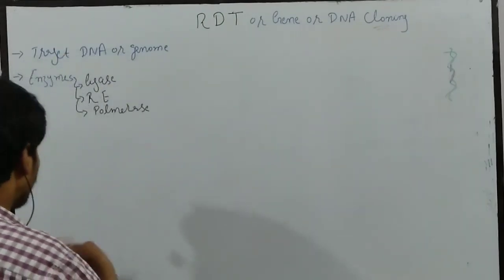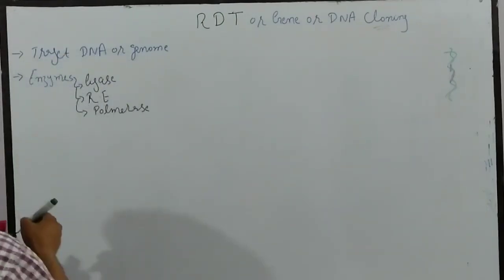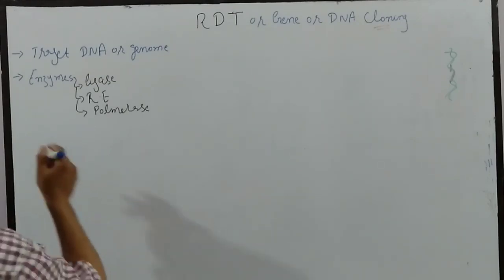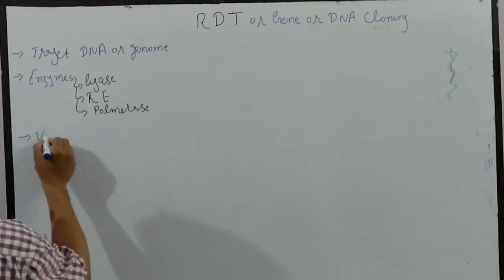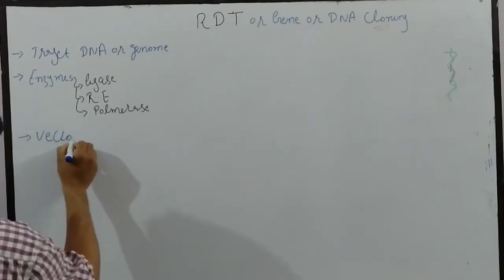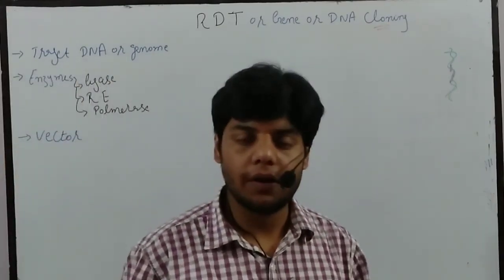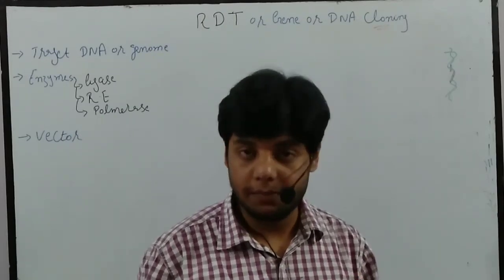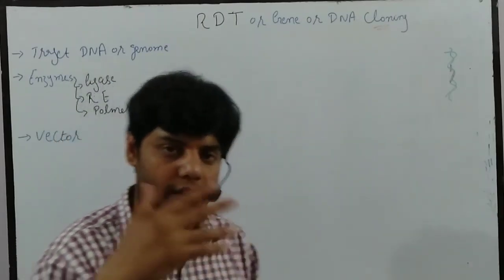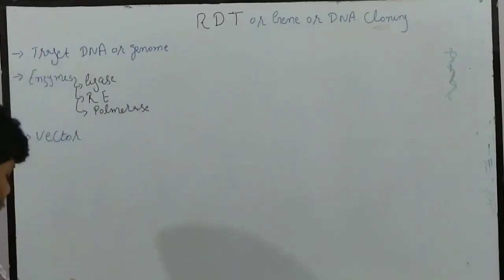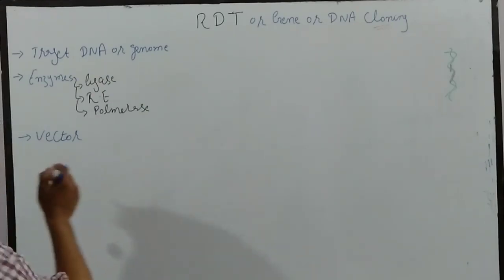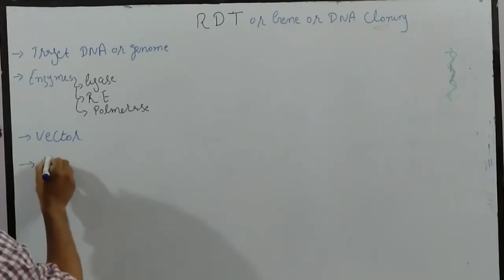Moreover, we need a vector. Different kinds of vectors we need: phasmid, plasmid. These kinds of vectors we will talk about in the next video lecture. And we also need a host cell.